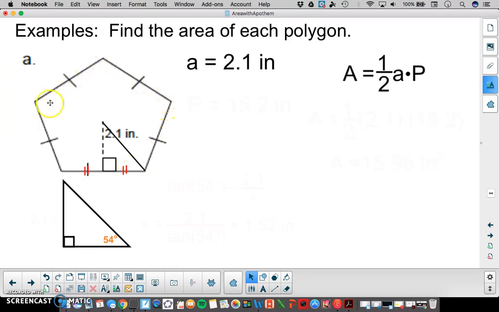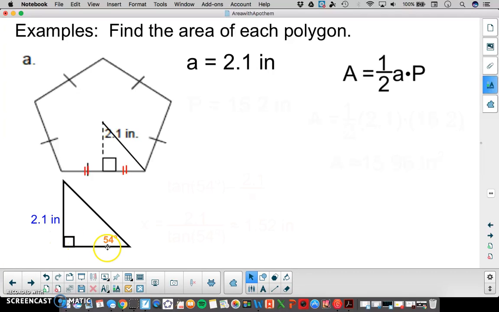Like in our previous example, the angles are 108, and then divide that by 2 to get 54 degrees inside this triangle. We're also given the apothem, which is 2.1 inches. We want to solve for this side down here. So from 54, the 2.1 is opposite. The side that we're solving for is adjacent.